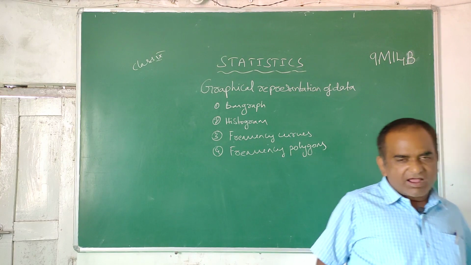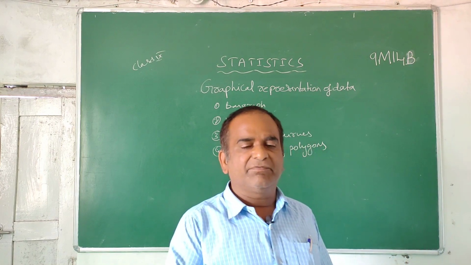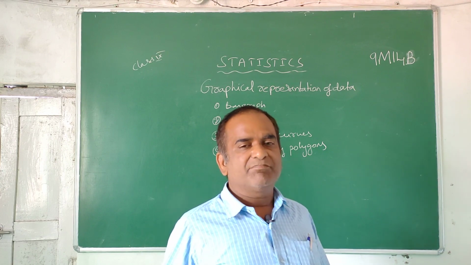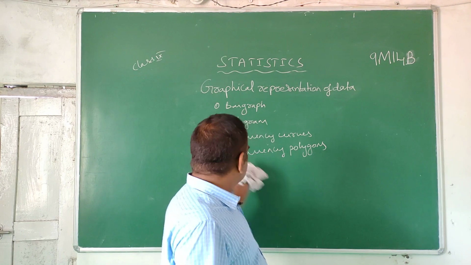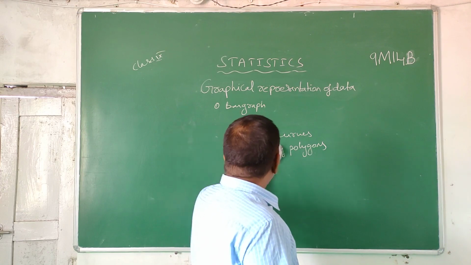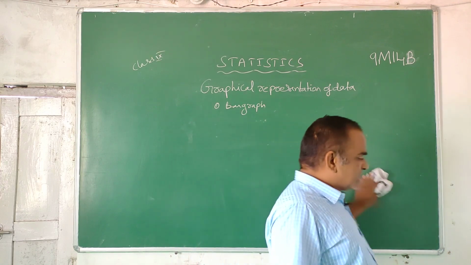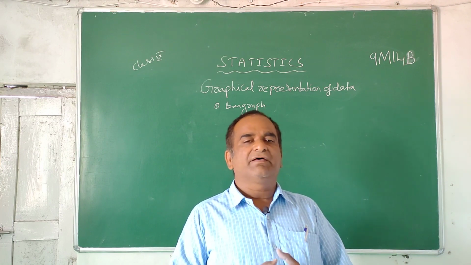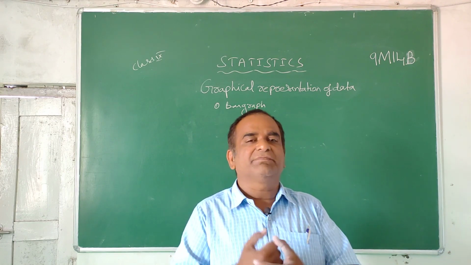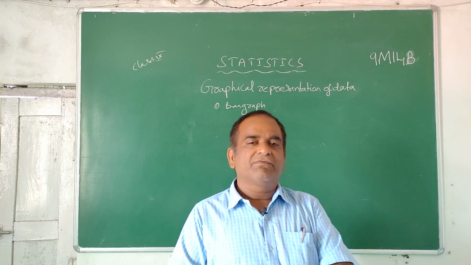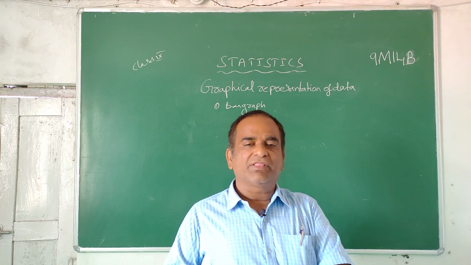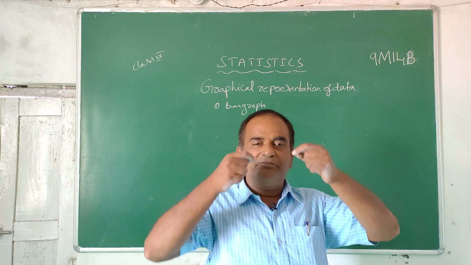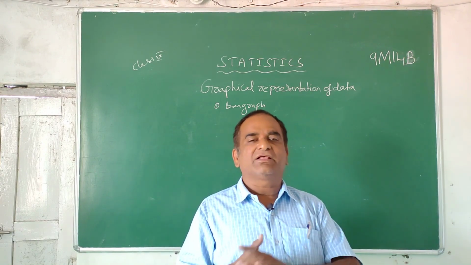So in a bar graph, we take the variable on the x-axis and the numbers on the y-axis, and we draw rectangles maintaining uniform width and uniform distance between them. We are going to draw the rectangles, and you have to maintain uniform width and uniform distance also.